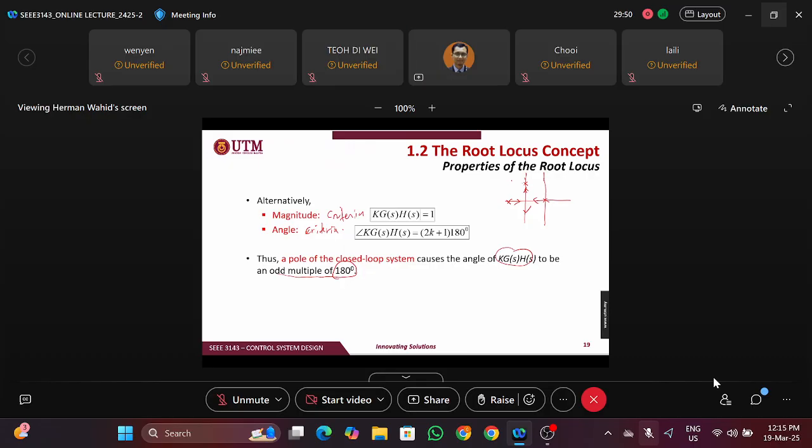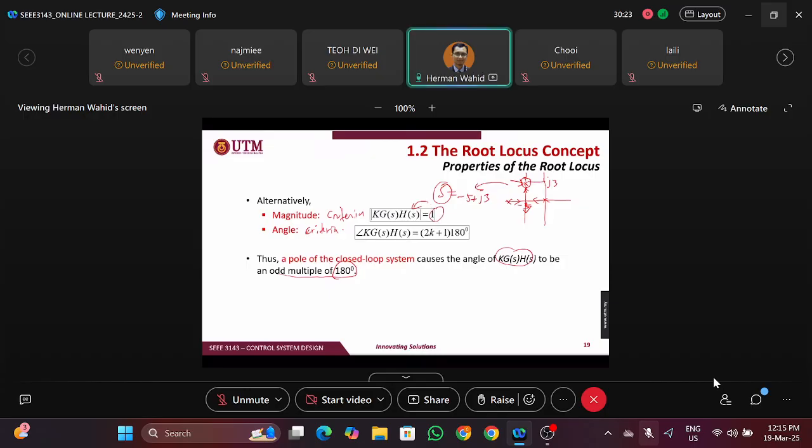Meaning that if we substitute S in KG(s)H(s) with, for example, here is -5 + j3, so we substitute every S here into this expression, then finally we will get this value, 1 equal to 1.